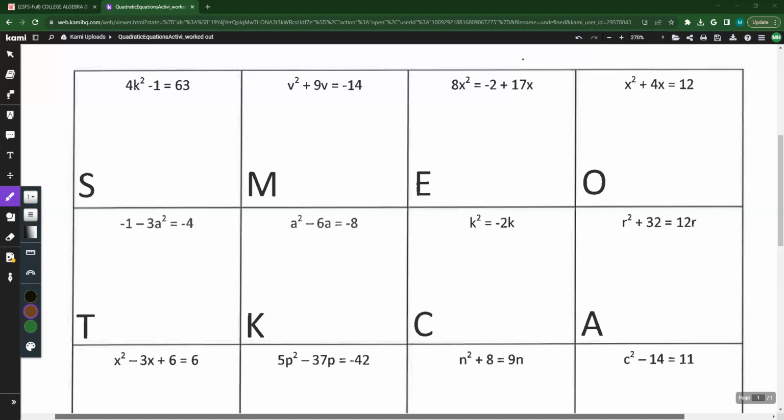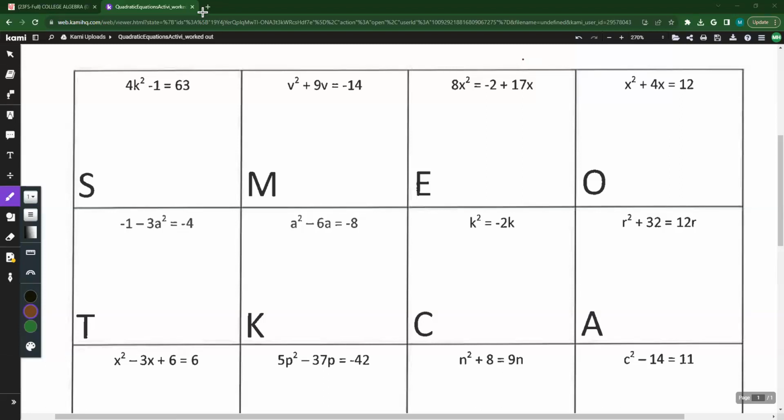Some of these things, they're easier to solve because I've done a whole bunch of these and you start to see the numbers. So as your number sense improves, you'll have more options for how you see things. So this problem right here, the first one, the S, we have 4k squared minus 1 equals 63. All right, anytime that I have an exponent of 2 or any other exponent, that will tell me the number of answers that I should be looking for.